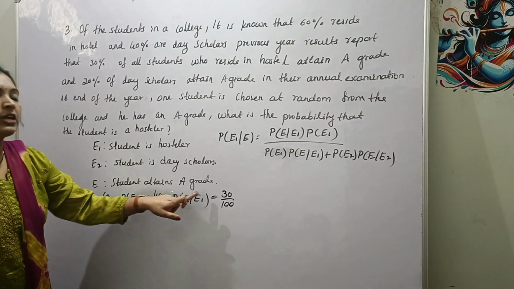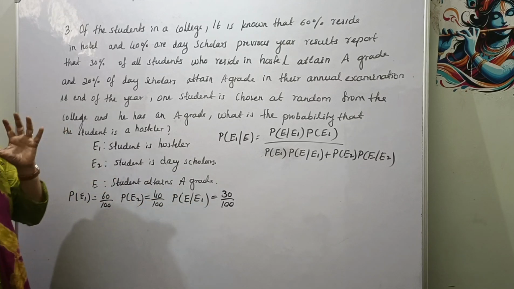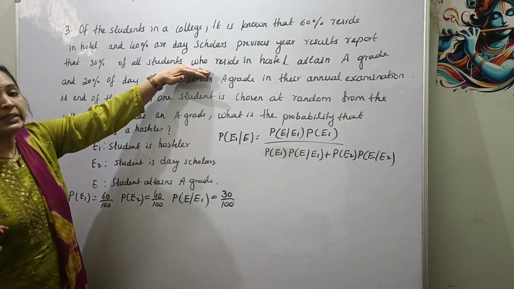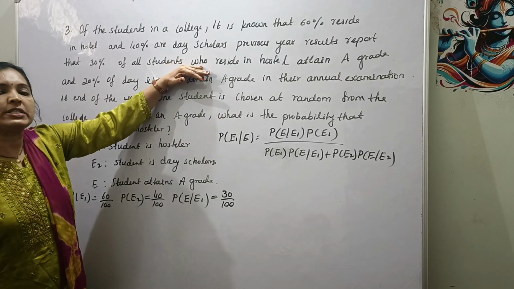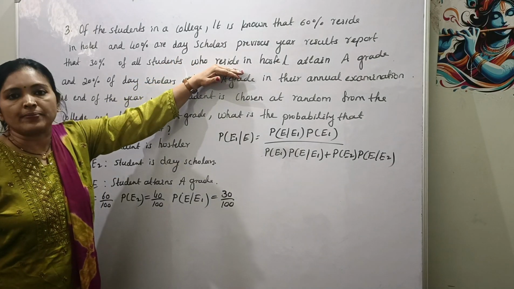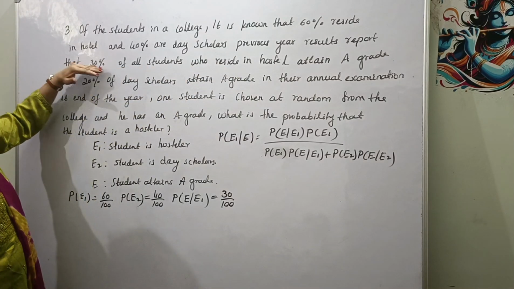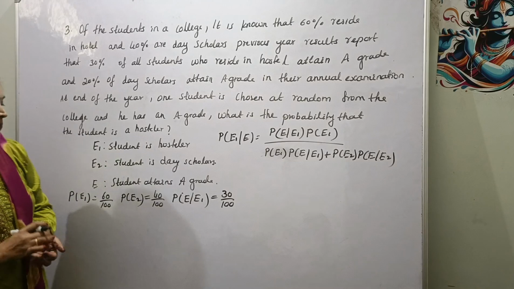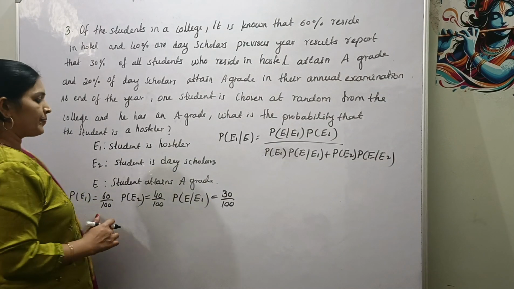Therefore, probability of E given E1, selecting from E1, the students residing in hostel, is 30 by 100.